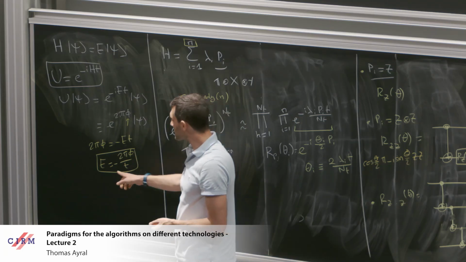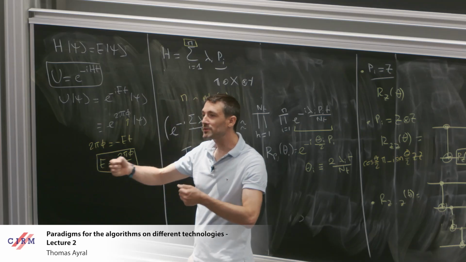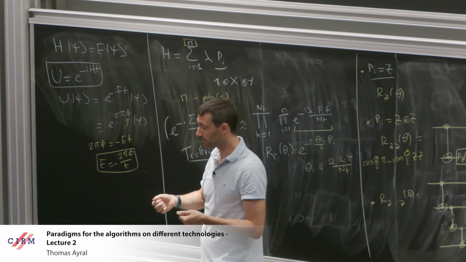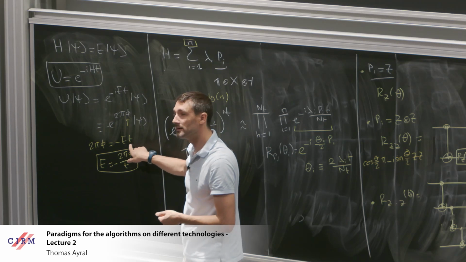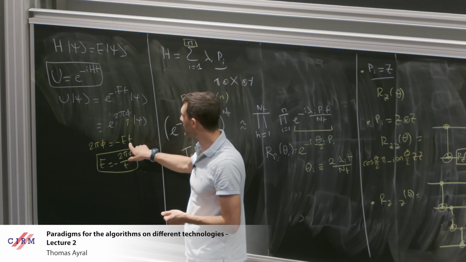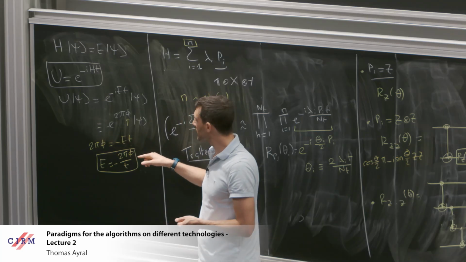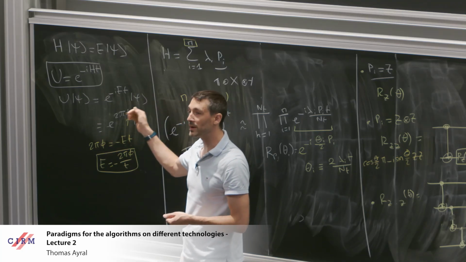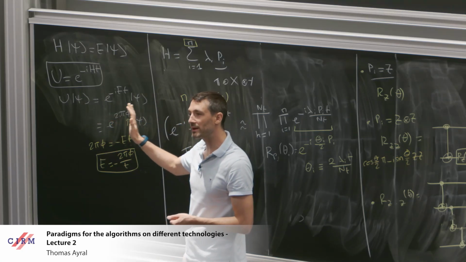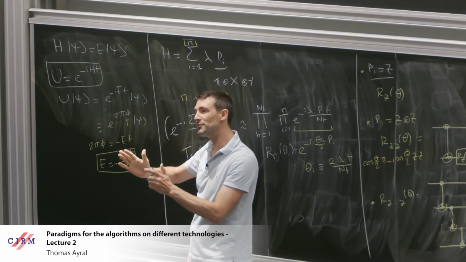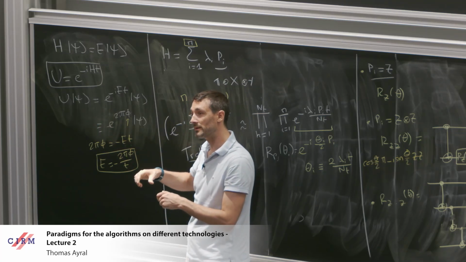So for phase estimation, you need to have an estimate of where your energy should be, so what is the range? So you need to have a lower bound and an upper bound of the energy in order to fix T. And in fact, you have to do even better, because if you have negative phases, you'll be in trouble too. So what you need to do is shift all the energies by a constant shift to make them all negative, and then fix T to make them all within a given range so that you fall between 0 and 1.